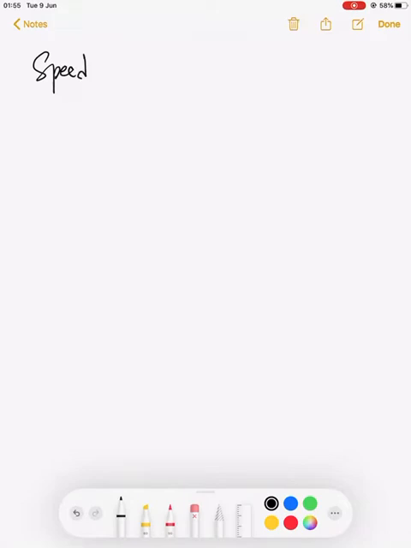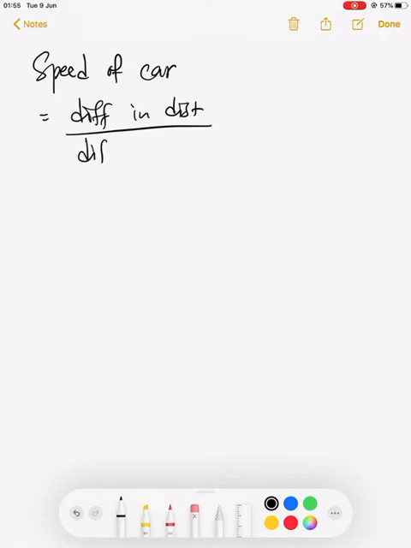Speed of car equals difference in distance over difference in time. Remember, speed equals distance over time.